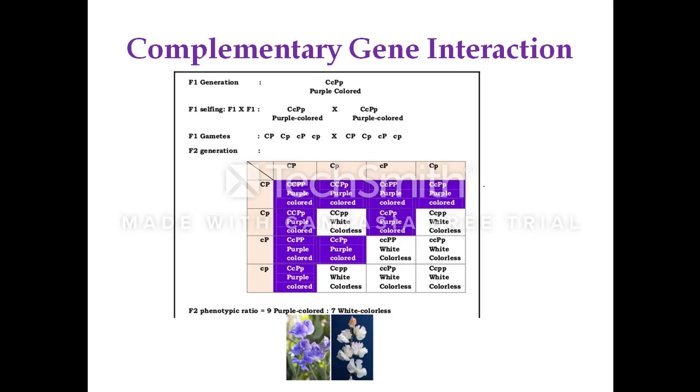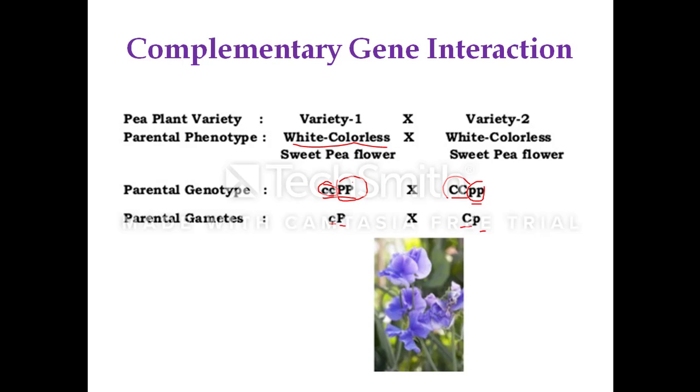When these parental plants, white flower bearing plants, were crossed, in the F1 generation all the plants were bearing purple flowers.